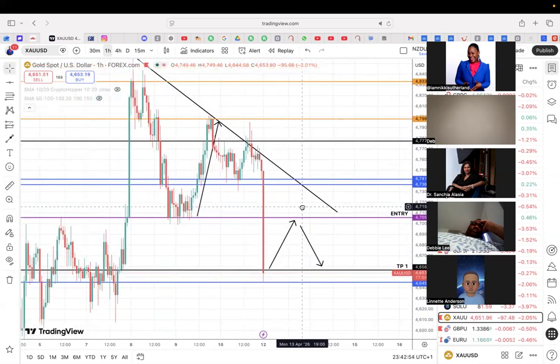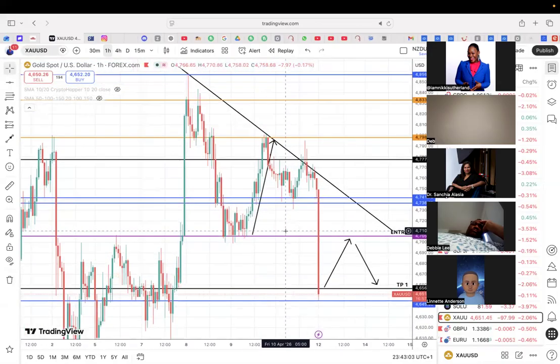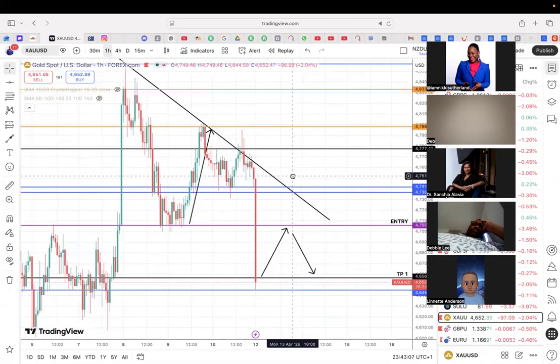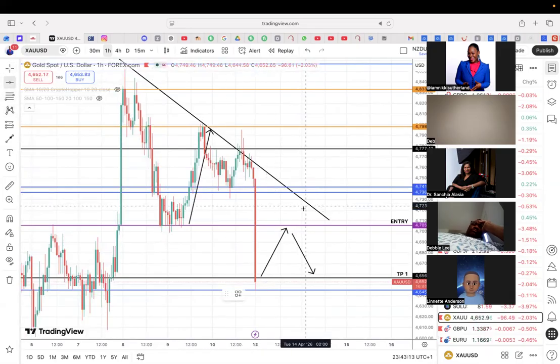Now, the difference between most of the currencies and gold is that gold is volatile. You guys can see how this has been all spiky, it's jumped up, and every time the market has done that, it's all over the place. So with gold, the rule of thumb is usually just above the previous 50 pip spike.